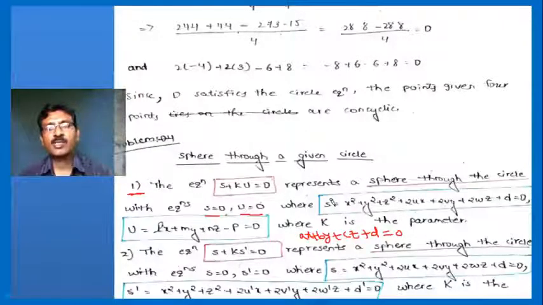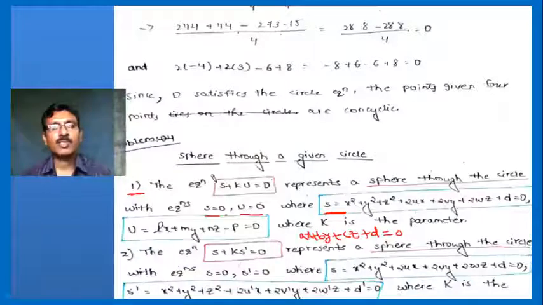The circle lies on the sphere and also on the plane. Here we are going to find a sphere passing through the circle. That sphere may not be the same as the sphere S equal to 0.